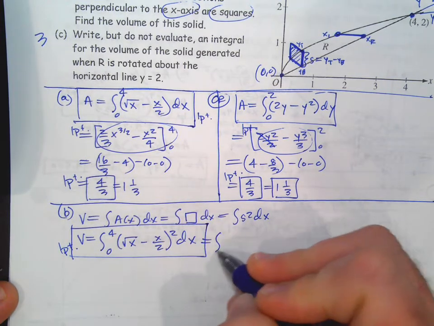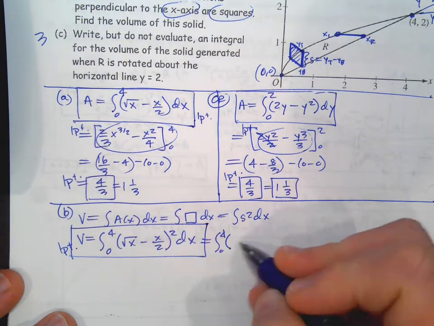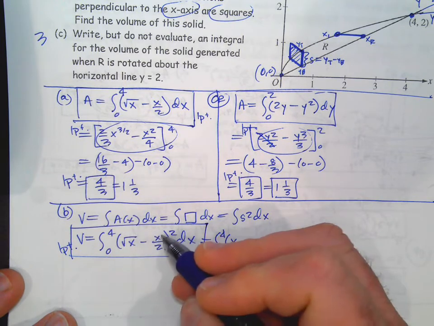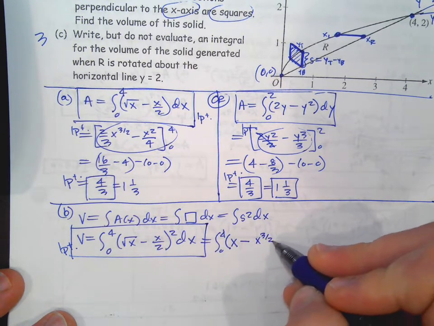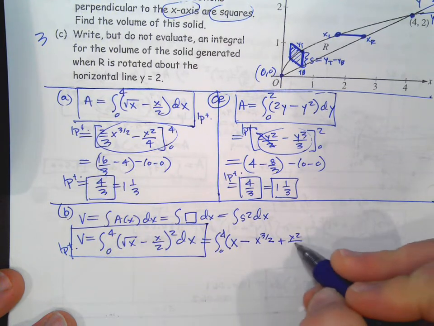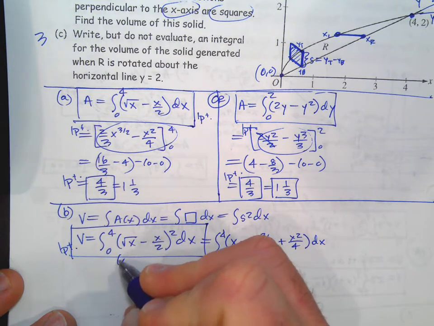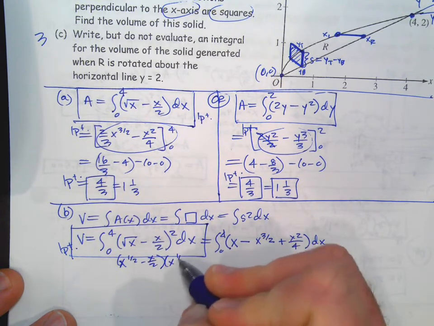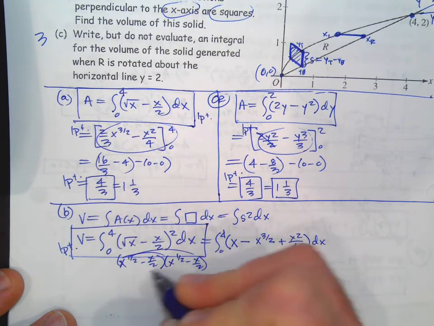Now, to do this by hand, I think we should multiply this all out. So that's going to be x minus x to the 3 halves, minus x to the 3 halves plus x squared over 4. I'm doing some work in my head there. If you don't feel comfortable with that, then show a little more work. But we're foiling it. You can't just distribute exponents.